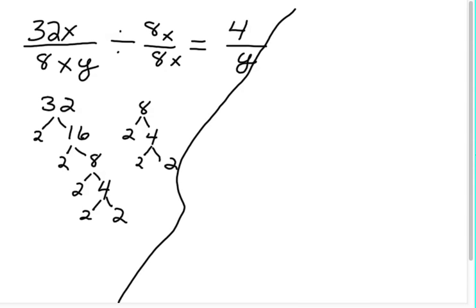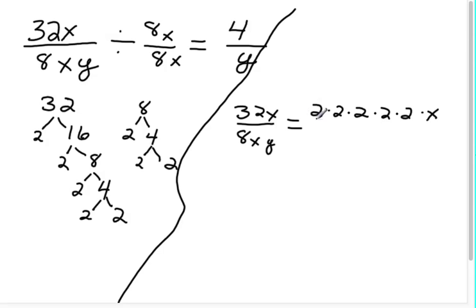Another way of doing this is to say that 32x over 8xy equals, and I will do the factoring above, 2 times 2 times 2 times 2 times 2 times x, and then here I'm going to have 2 times 2 times 2 times x times y.